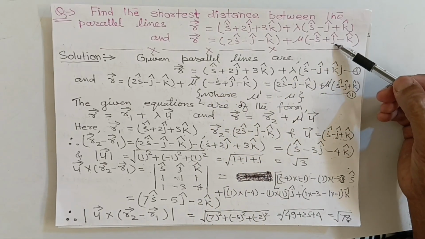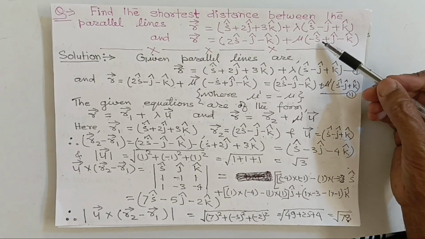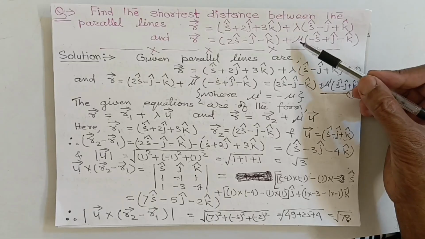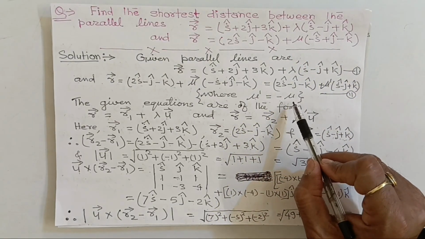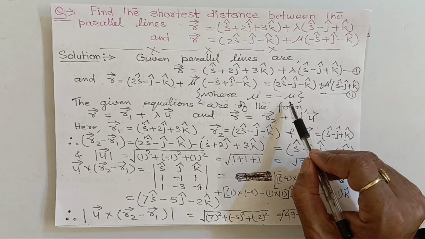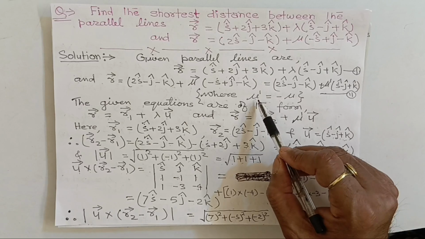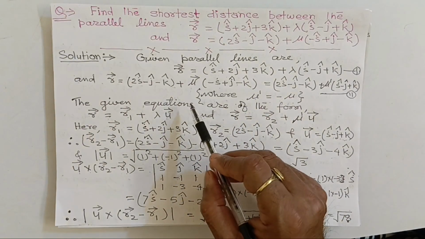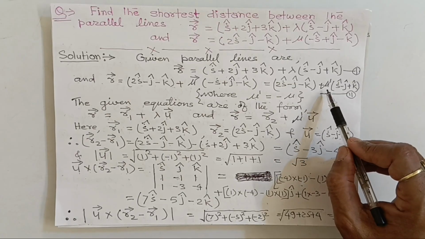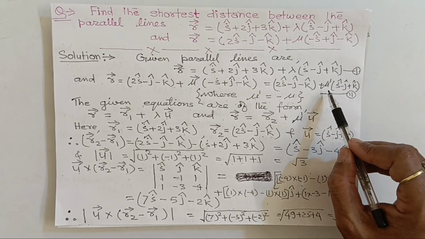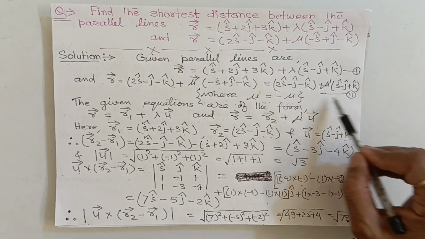We have to convert this into the same form. So we take minus 1 common, and let minus mu be equal to mu dash. So we write mu dash instead of minus mu here, and it becomes plus (i - j + k), equation 2.